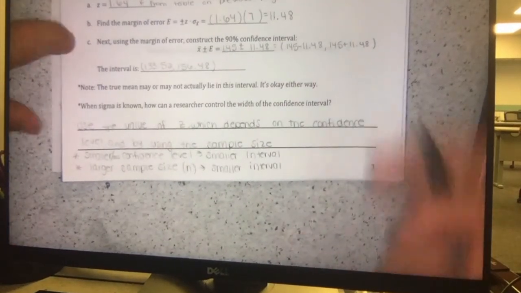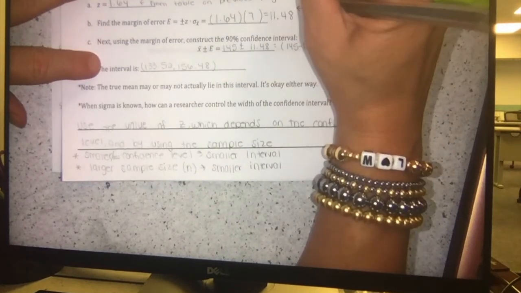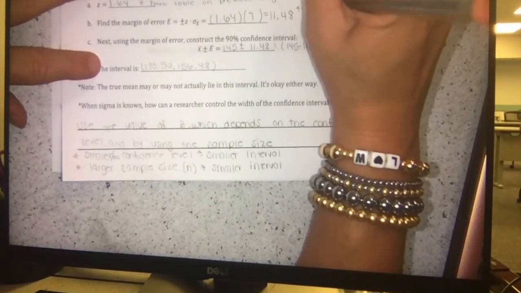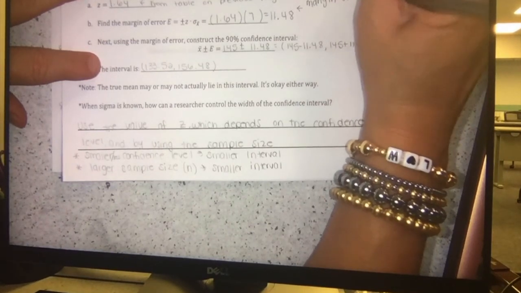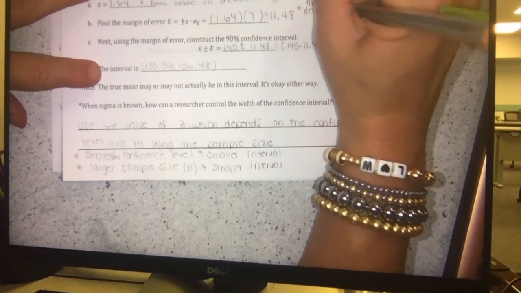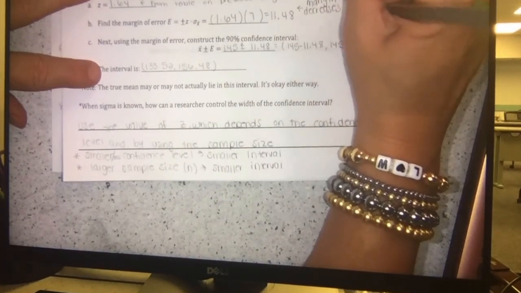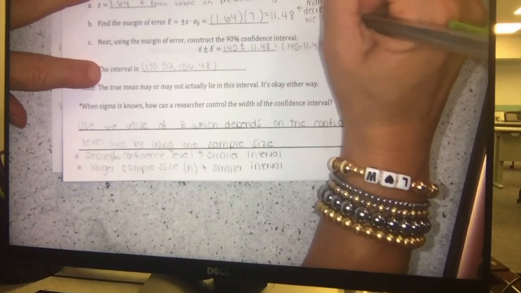I also want to put a note here that our margin of error, our E value, decreases when we are less confident.